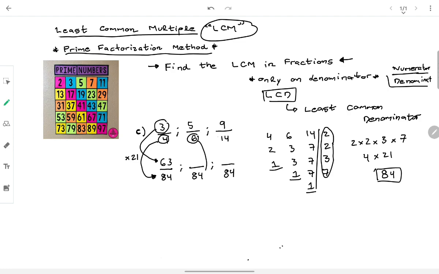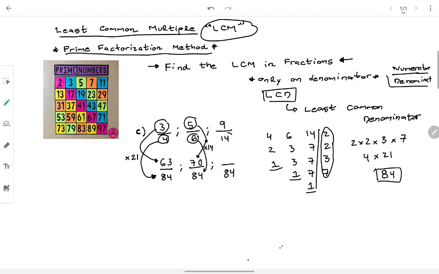In the second fraction, 6 is multiplied by 14, so we need to multiply 5 by 14 to get this number. So it will give us 70 over 84.